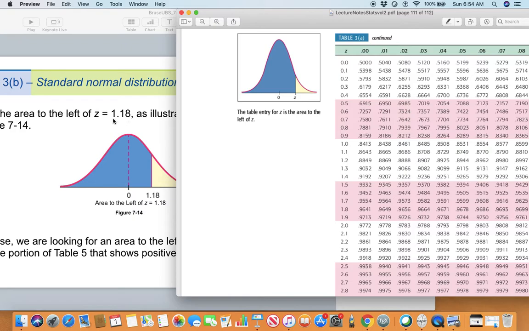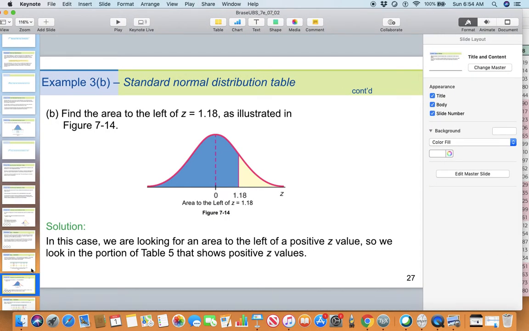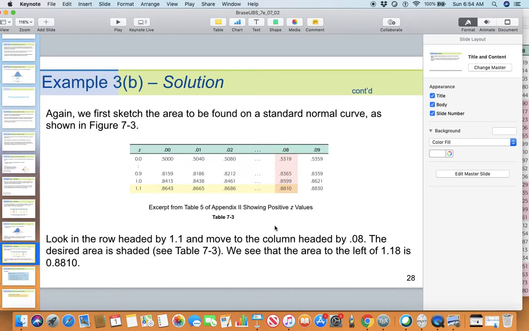That gives me 1.18. So 1.1 corresponds to the row, and the column 0.08 gives 0.8810. Okay. Let's look at the table here. So 1.1 and 0.08, that's the number. That's the area. All right.